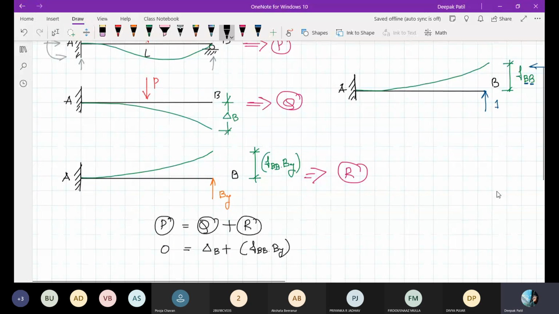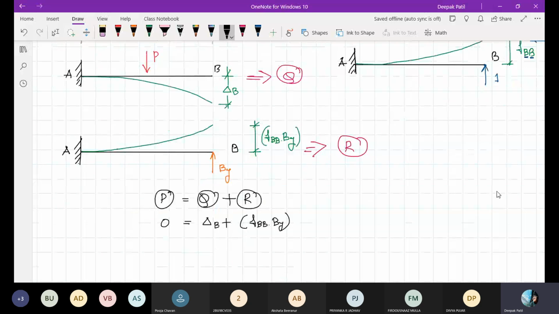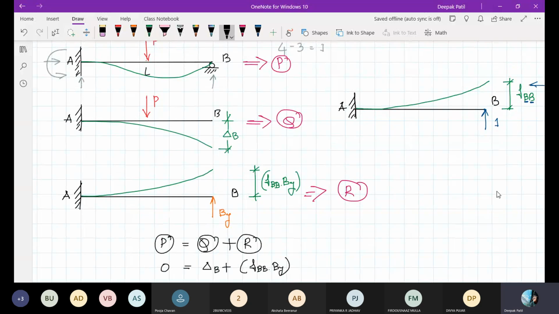Now, Q structure is a determinate structure. And this delta B deflection at B, you can find using any of the methods which you have already studied in ADS. What are the methods?